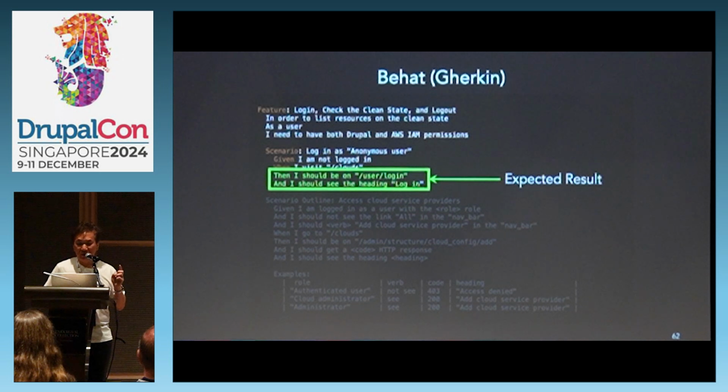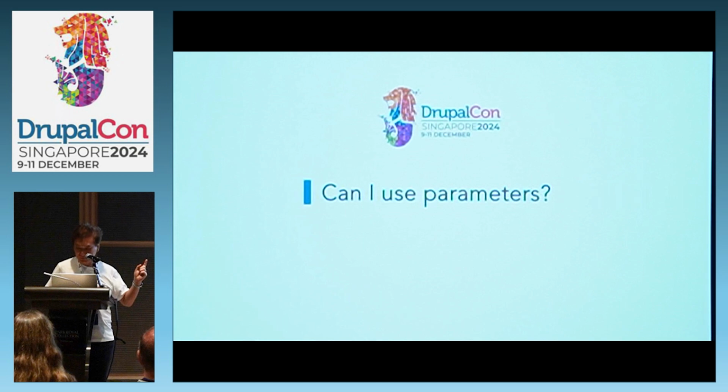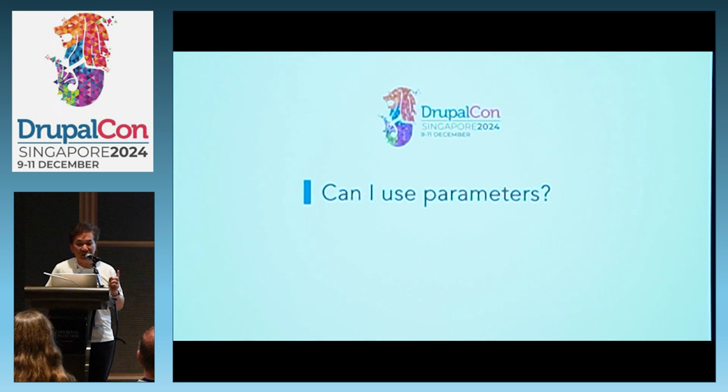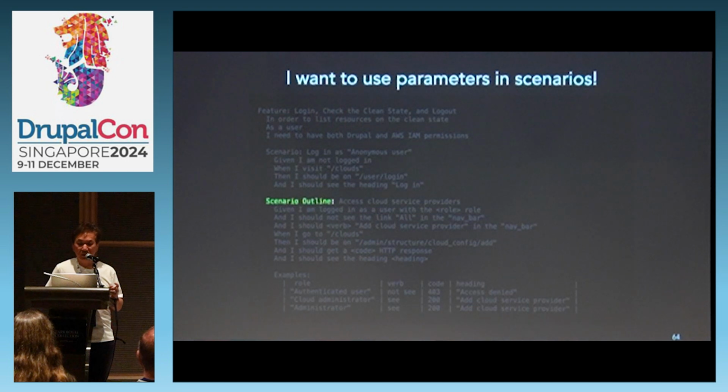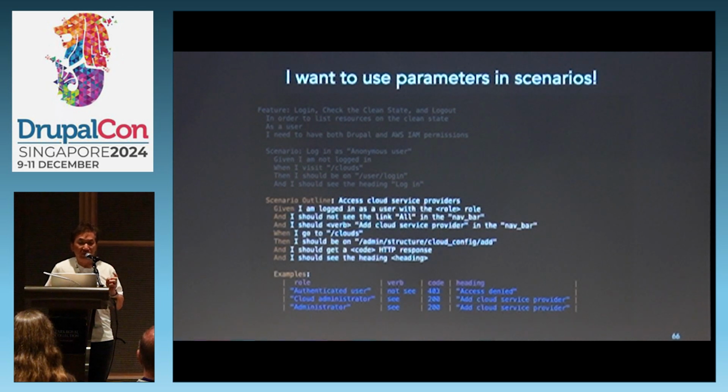Then soon I had a question. Can I use parameters? Because the test scenario looks static. We want to give some variables into our test scenarios. The answer is yes. By starting with the keyword Scenario Outline, we can give variable parameters into the test scenario like this.